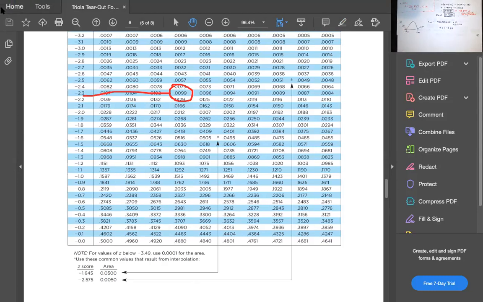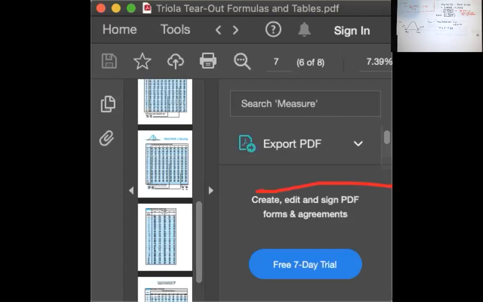Now I want to show you that we can get the same answer, or a very similar and more accurate answer, if we use Excel. So this time, we want a z-score corresponding to an area, so we've got to use NORM.S.INV.